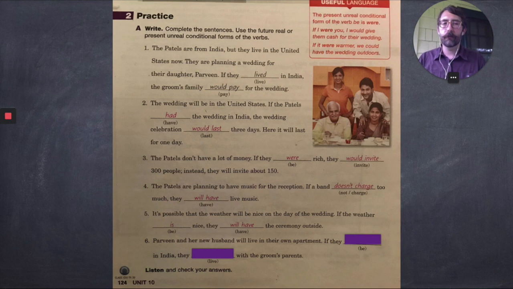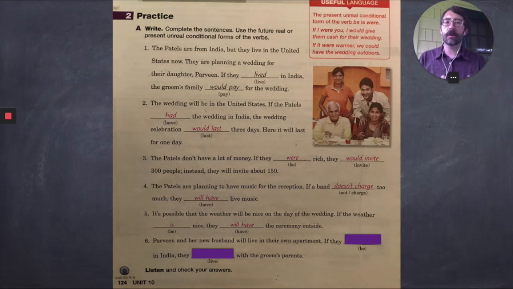Remember, they live in the United States, and the plan for them after the wedding will be to live in their own apartment. The second sentence says, if they blank in India, are they in India? No. Has our story talked about them moving back to India? No. So this is not a real possibility. This is not possible. This is an imaginary. This is a what if this other set of rules were true, right?